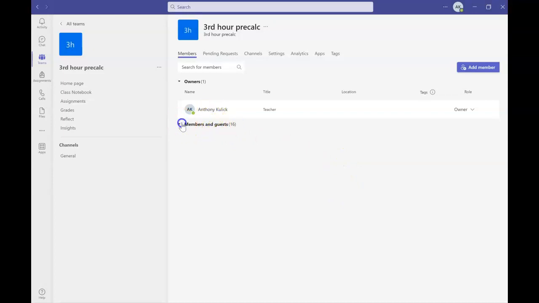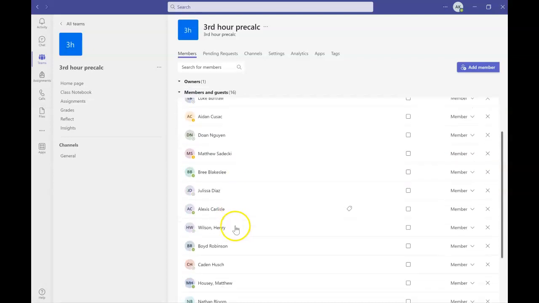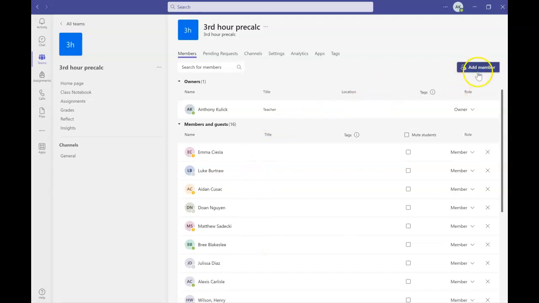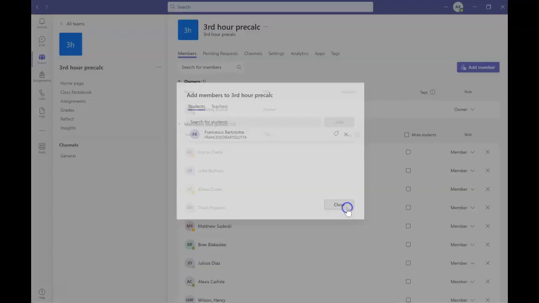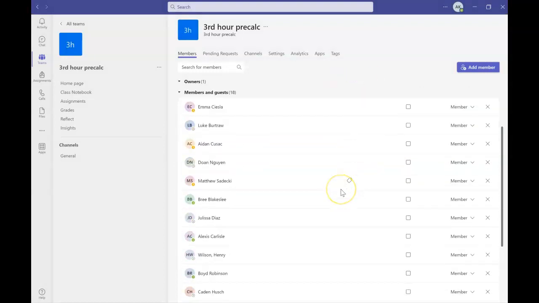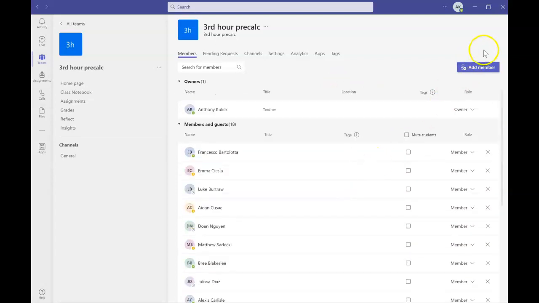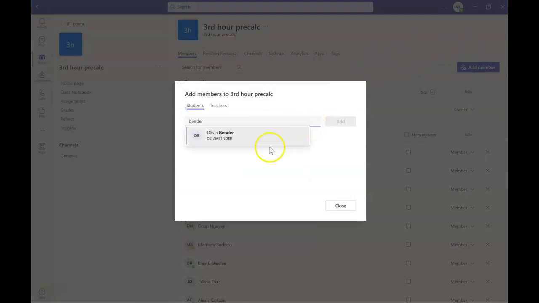Let's look real quick. Okay, apparently not. Will you add me and Sophia, please? You guys aren't in? I don't think so. Okay. Me and Bender. Sophia, yep.